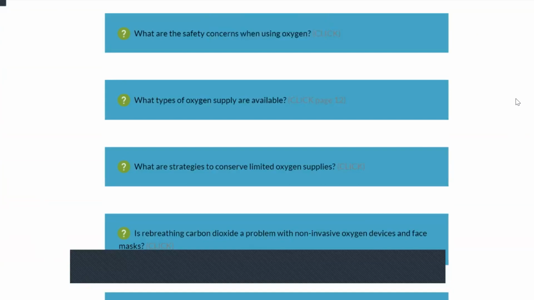So there are some safety concerns when you are using oxygen. First, you need good identification of the oxygen devices or source of oxygen.